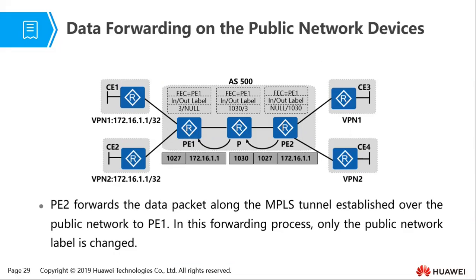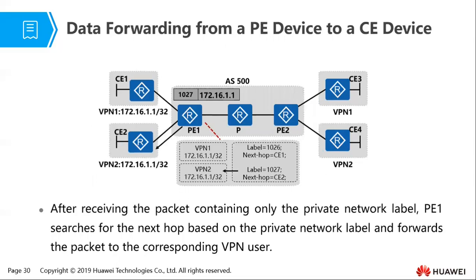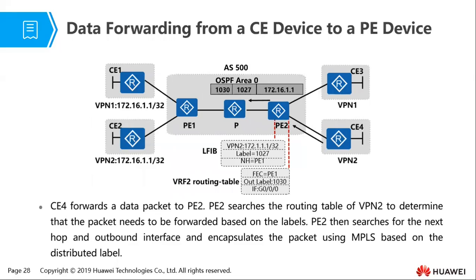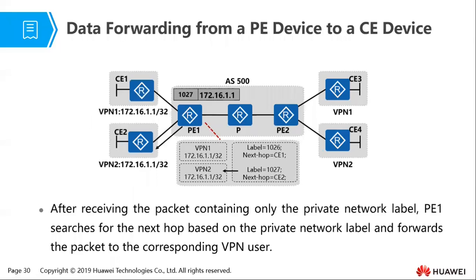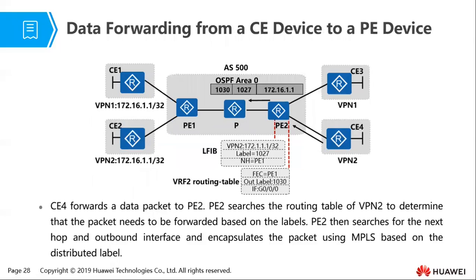So the second step is the data forwarding on the public network devices. Public network is just the carrier network. Then the third step is the forwarding from the PE to the CE device. So those are the 3 steps: CE to PE, then public network, then PE to CE. So let's look at this.